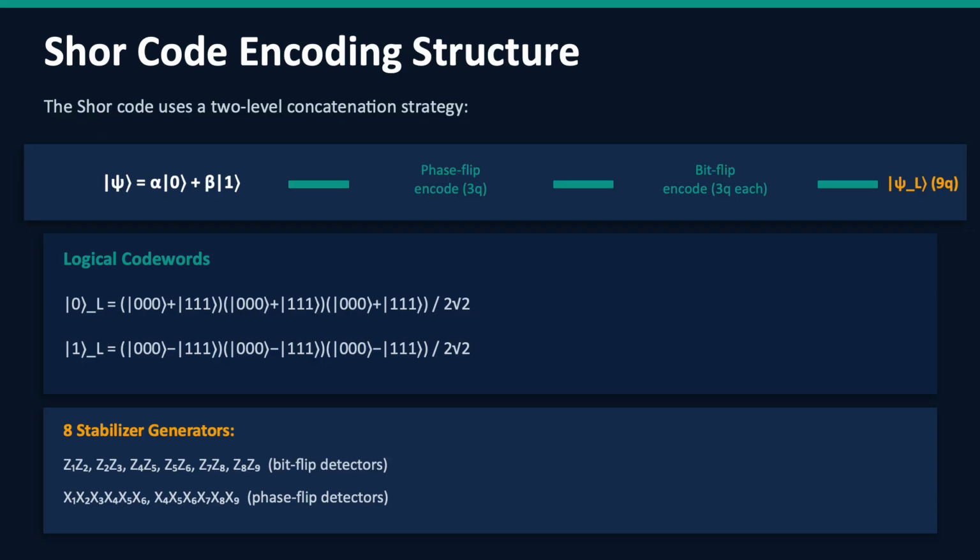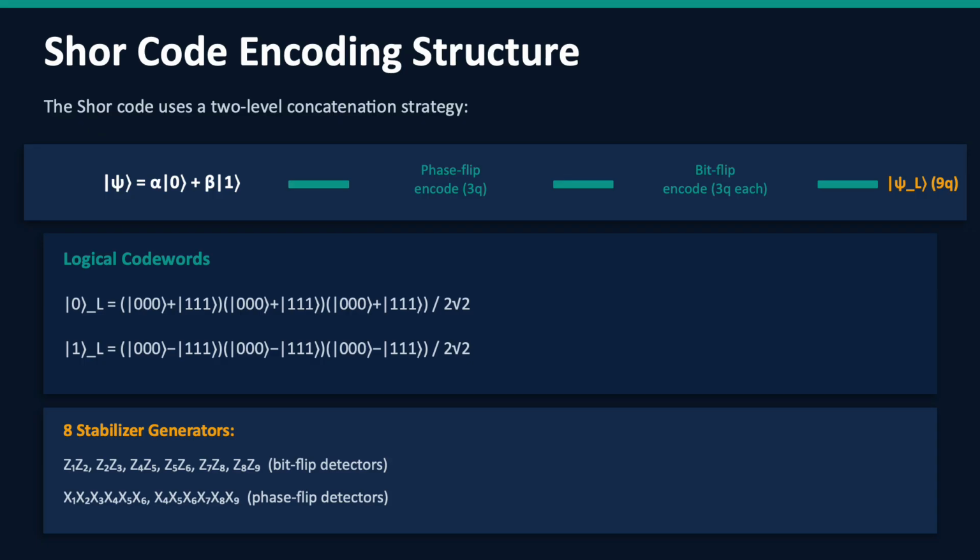The outer encoding works by representing the logical 0 and logical 1 states as quantum superpositions spread across 3 groups of qubits. This spreading creates sensitivity to phase errors. If a phase error affects one of the three groups, the relationships between the groups will be visibly disturbed.